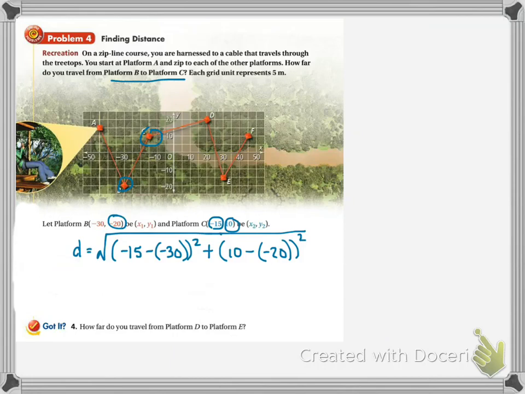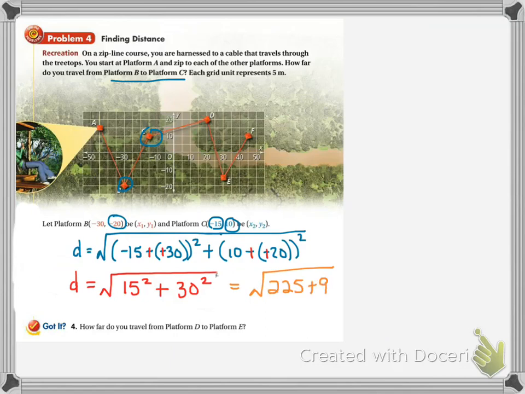So the distance then equals, negative 15 minus negative 30 is the same as negative 15 plus 30, which is 15. 10 minus a negative 20 is 10 plus 20, which is 30 squared. So we get the square root of 225 plus 900, which is the square root of 1125.